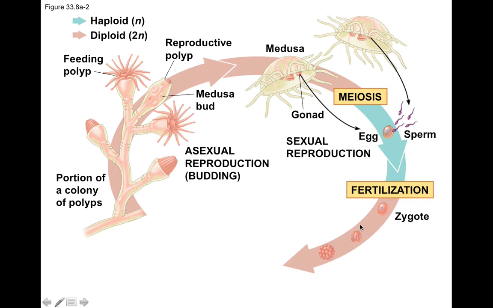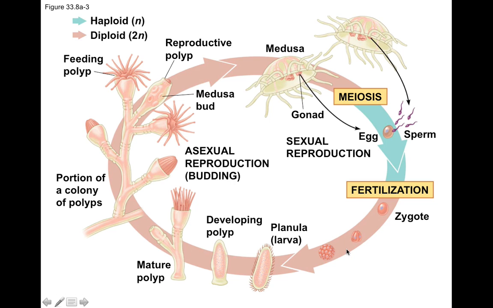That zygote will divide by mitosis and keep dividing by mitosis. So eventually you get a larva called a planula, which is ciliated. The ciliated planula will eventually find a place to settle down and become sessile and develop into a new polyp, which will eventually turn into a colony of polyps, and we've completed the life cycle. So that is Obelia.